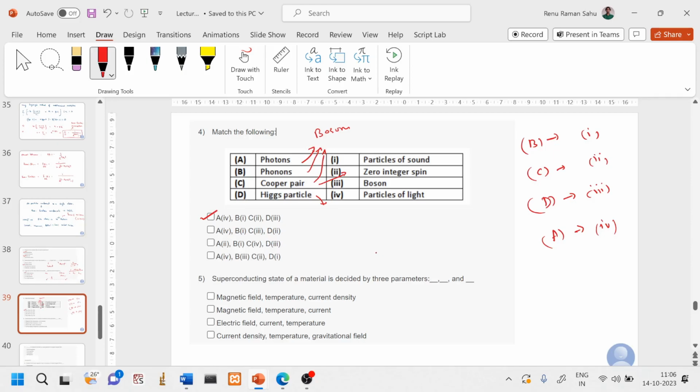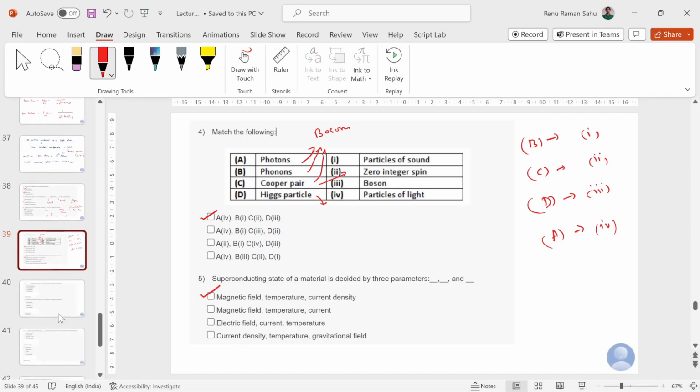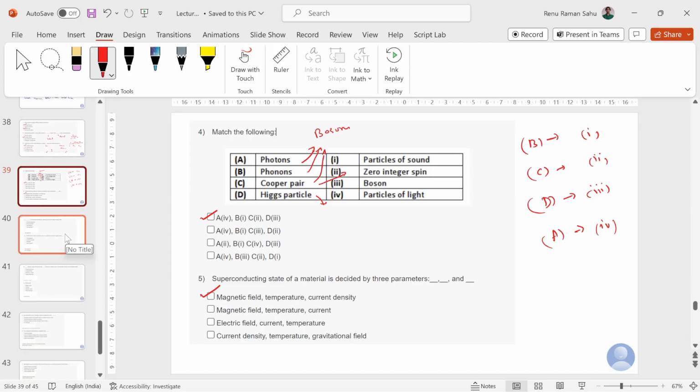The superconducting state of a material is decided by three parameters: the current density, the magnetic field, and the temperature. So current density, magnetic field and temperature is the correct answer. And these things have to be less than the critical value, only then it is valid.